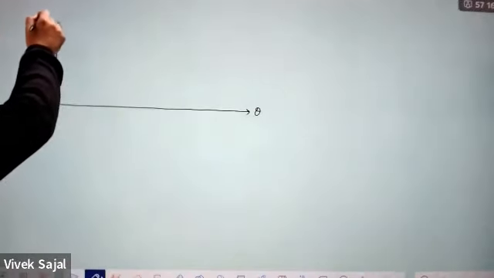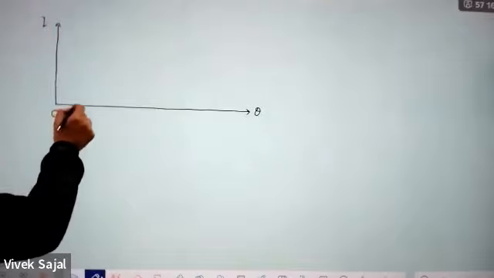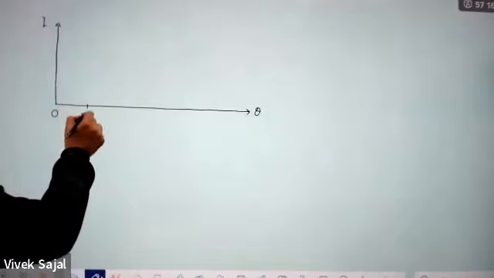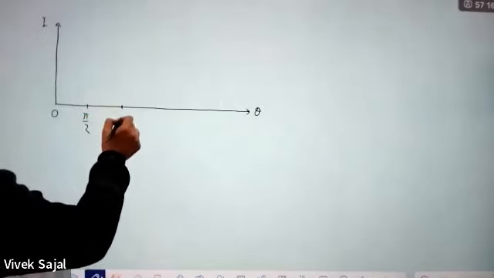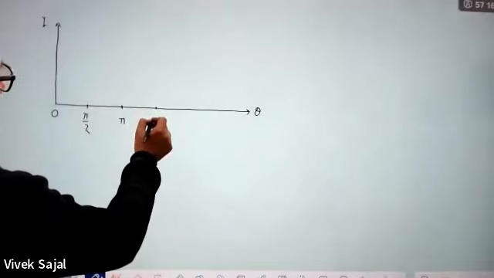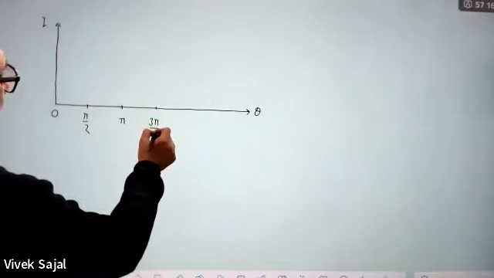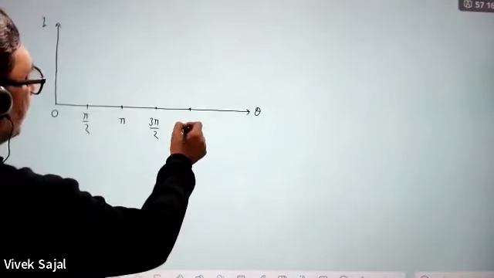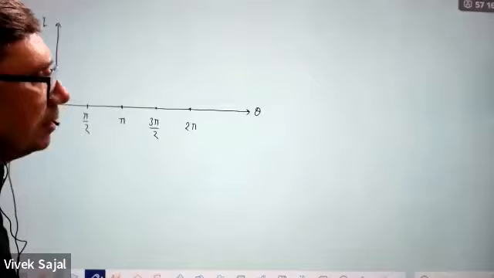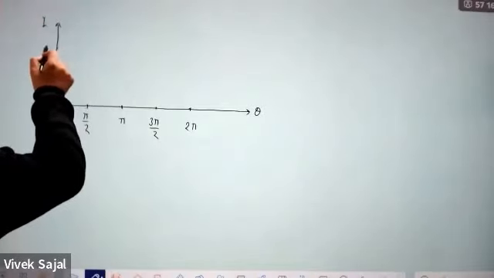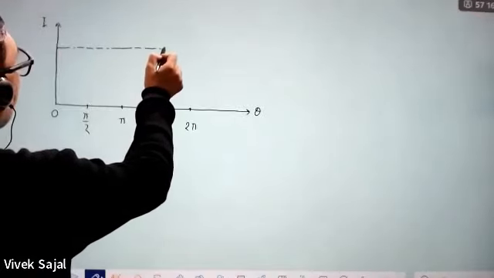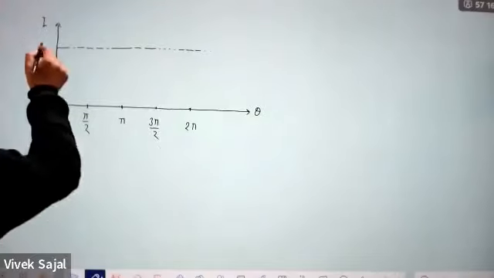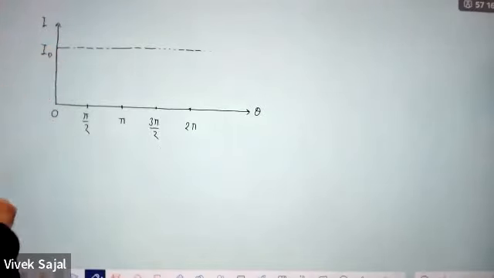So this is 0 angle, this is pi by 2, here this will be pi, 3 pi by 2, and here you are having 2 pi. And I'm saying I naught is somewhere here. This line represents the maximum intensity. This is I naught, the intensity of the incident plane polarized light.